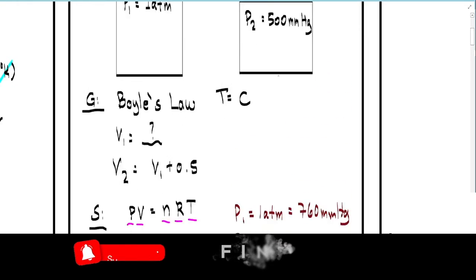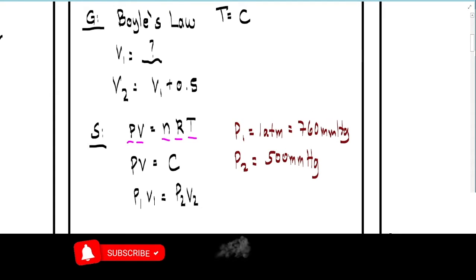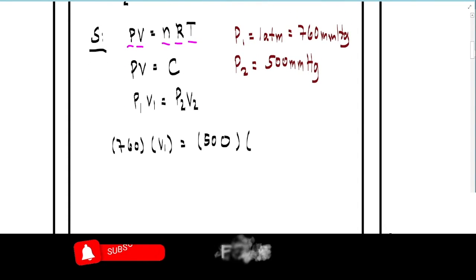Either make them both atmosphere or both millimeter mercury. Whichever you do, you will get the same answer as long as they have the same unit. So P1 is 760, V1 is V1, P2 is 500 millimeter mercury, and then we have V2. Remember, V2 is the combination of V1 plus 0.5.